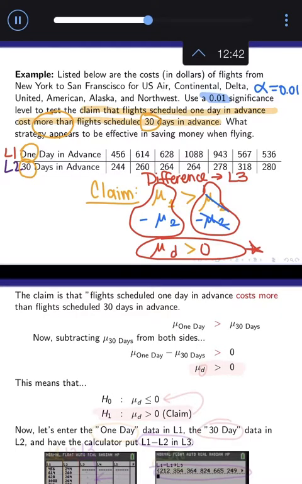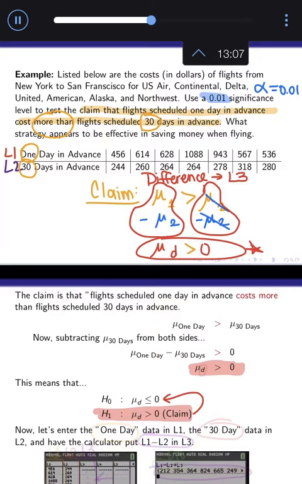Now, because my claim has a greater than, not a greater than or equal to, it will fall in as my alternative hypothesis. So I can go ahead and put that mu, the mean for the difference, as my alternative hypothesis. That means my null hypothesis is the opposite, less than or equal to.